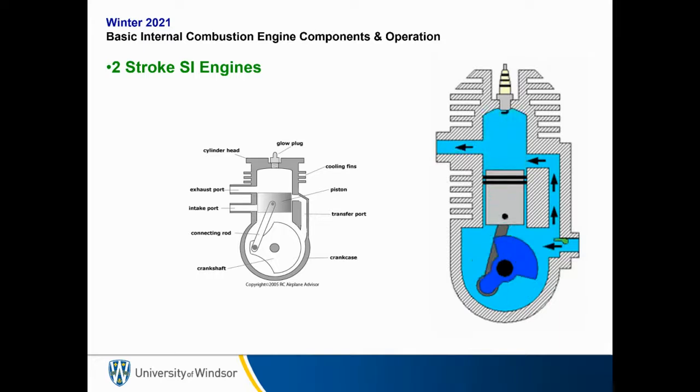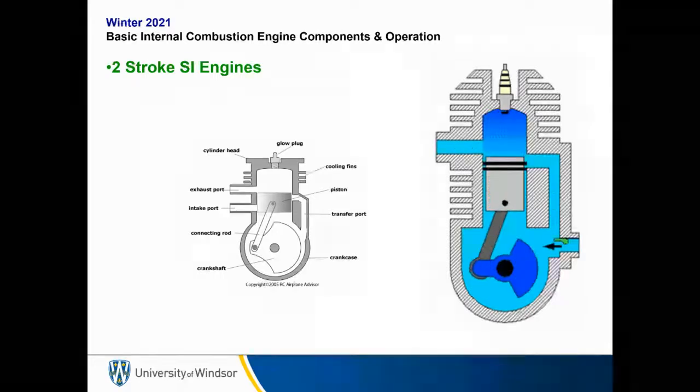So basically, you can think about the way that a two-stroke engine works is it combines the power, intake, and exhaust strokes into one stroke. The only stroke that is more isolated is the compression stroke. As you can see, once the compression stroke starts, generally the intake and exhaust processes are already stopped.